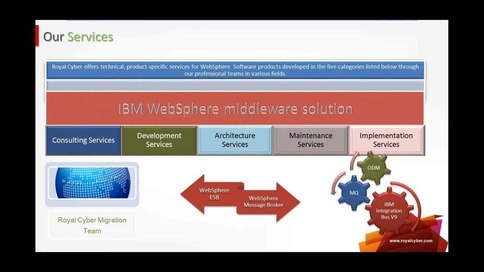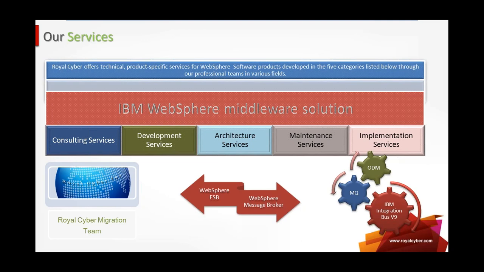We are also providing consulting services and development services. And if somebody is looking for architecture services, where you want to build the proposed architecture from the existing architecture, we provide those services too. We also provide maintenance and support services, along with implementation services.